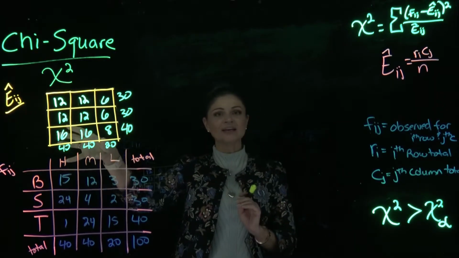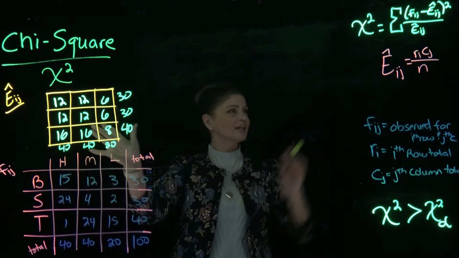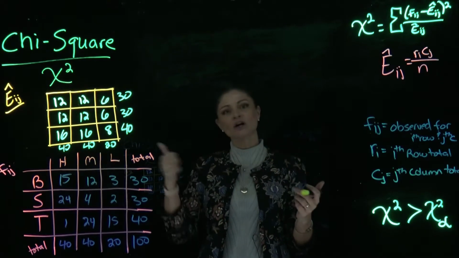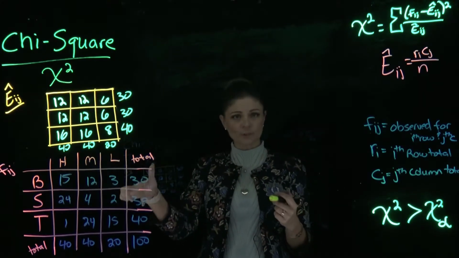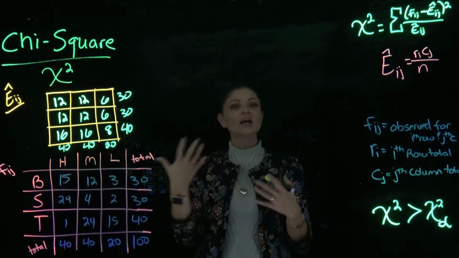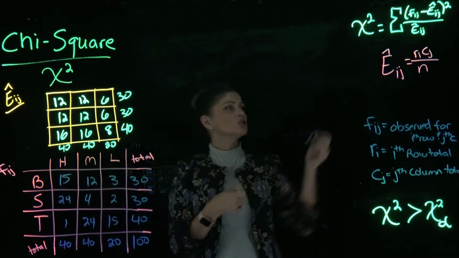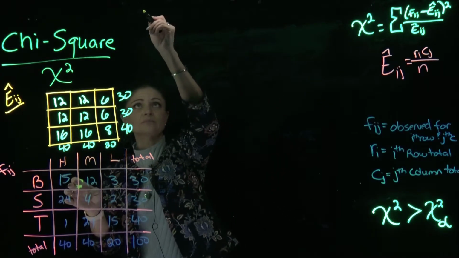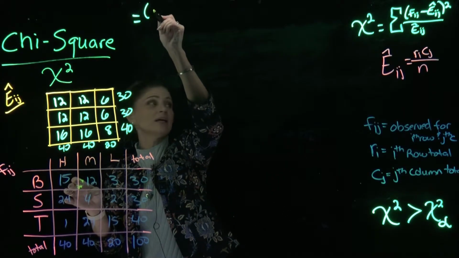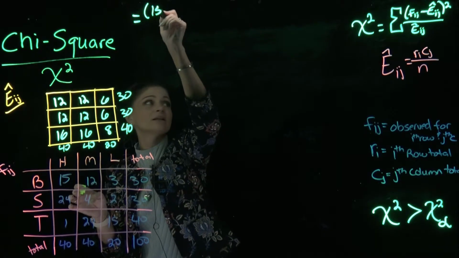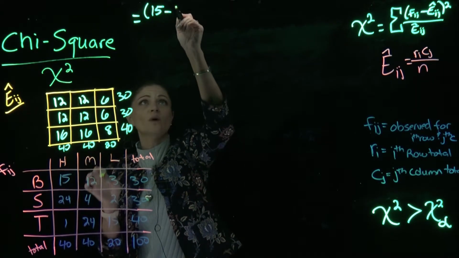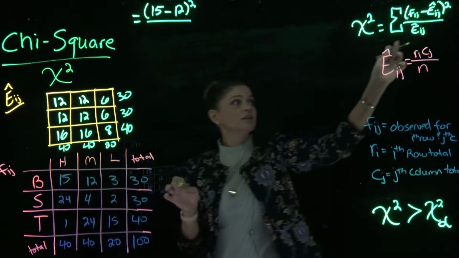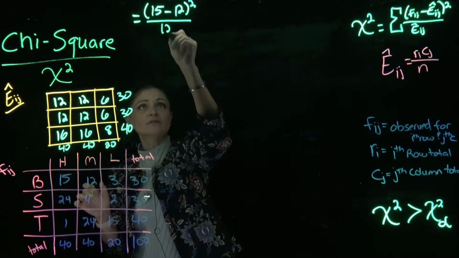Now, after we've gotten our E hat, we have our frequencies, we have everything we need for our formula. We just plug in numbers. This is going to be much longer than the last example because we have a lot more numbers that we're dealing with. So I'll get us started and then we can wrap it up. So for our first one, our chi-square is going to be 15 minus 12 squared divided by our E hat sub ij, which is 12.